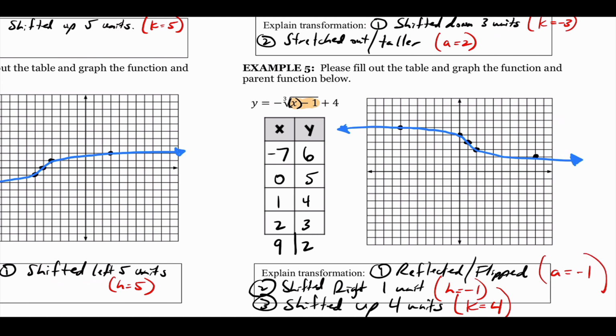So the last box, why did it flip? Why did it reflect? Because A is negative. Anytime A is negative, it's going to flip. Okay, so put that in the last box in the front. If A is negative, it's going to reflect.